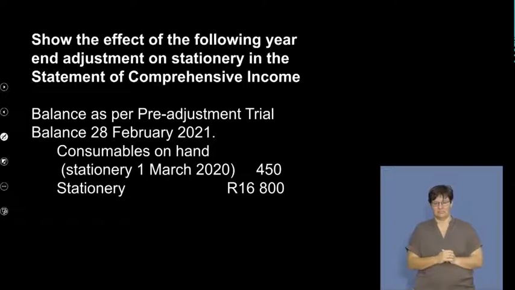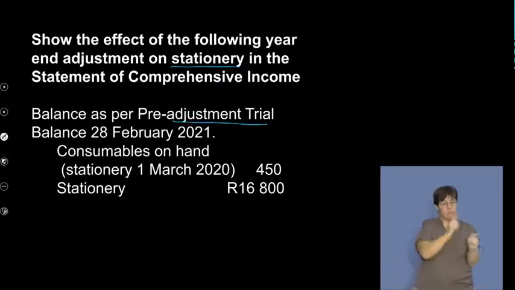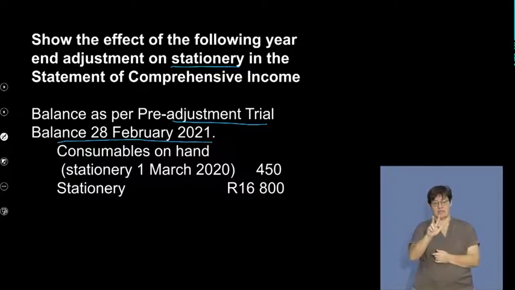Right, so the information that is given to me, I'm required to show the effect of the following year-end adjustment on stationery in the statement of comprehensive income. I'm given a balance as per the pre-adjustment trial balance at the end of the year, 28th of Feb 2021.